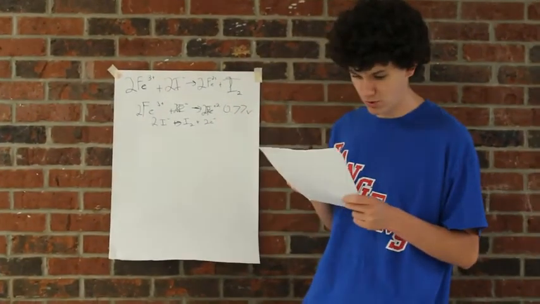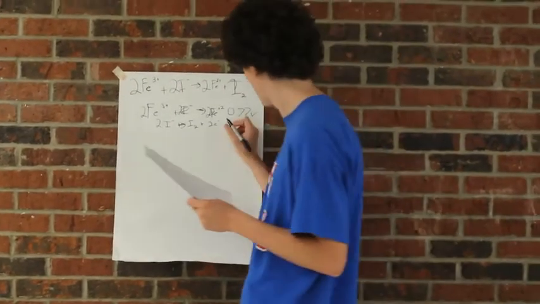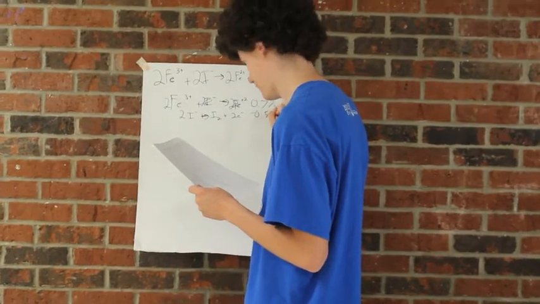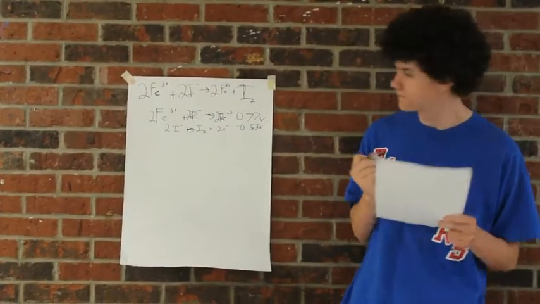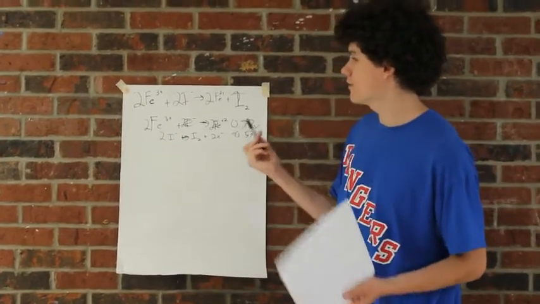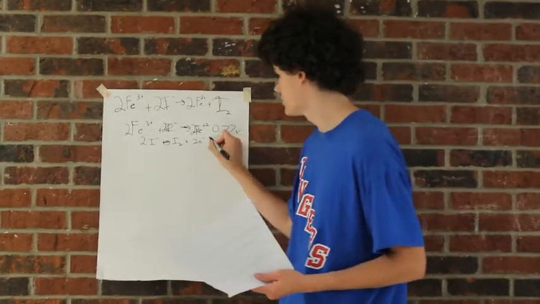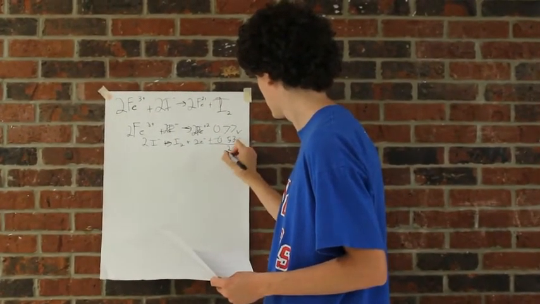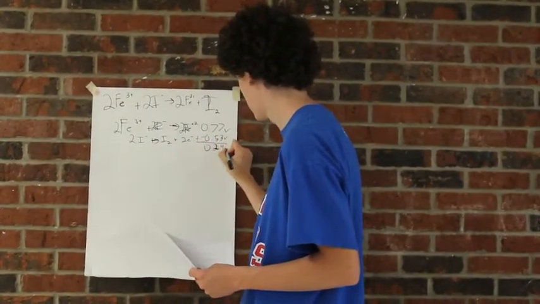And for the 2I-, it is negative 0.53 volts. Now, in order to find the total cell potential for our cell, we just add up these two and we get 0.24 volts.